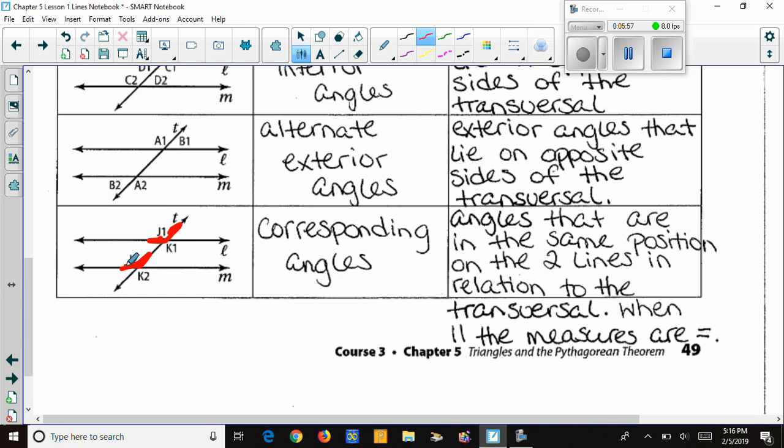And in an earlier definition, we know that L and M are parallel to each other. And so when we look at those two angles, if you think about taking those parallel lines and squeezing them together, then J1 and J2 should actually be directly on top of each other if we just slide those angles together. Again, we would describe those as congruent angles.